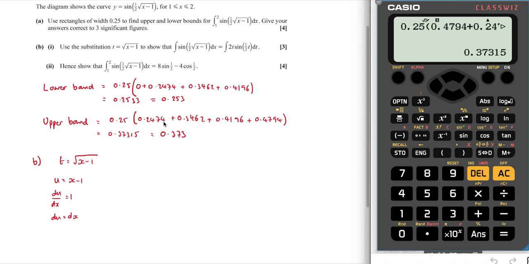I can say then that t is root u. Wait, no, I've done the wrong rule. I want to differentiate this, don't I? So t is x minus... no, I was doing it right.